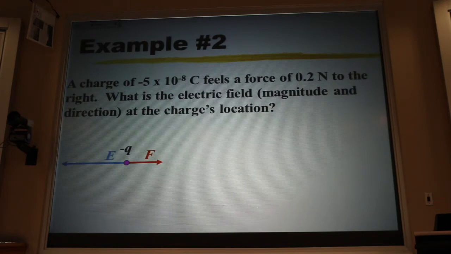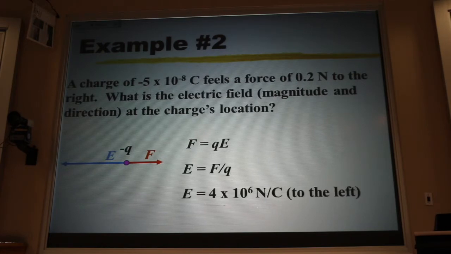And to find the size, we would use this formula in reverse, solving for E, and we would get this value here. Now again, if I did that mathematically, I would say these are vectors. The force was 0.2 newtons to the right.